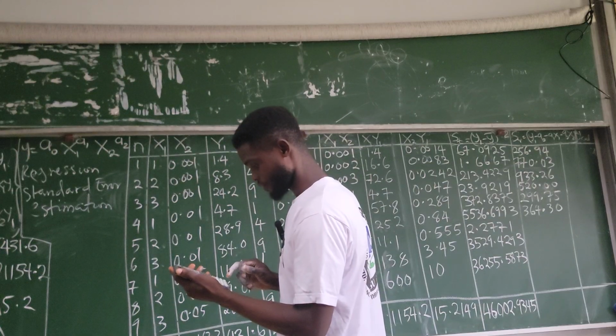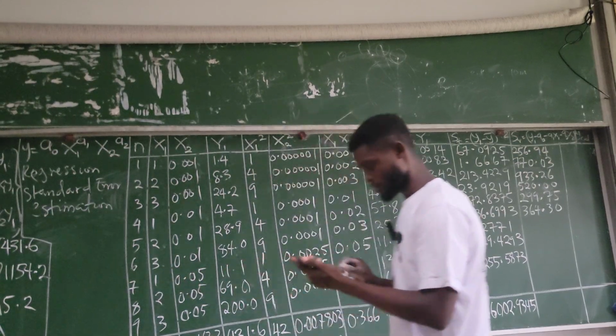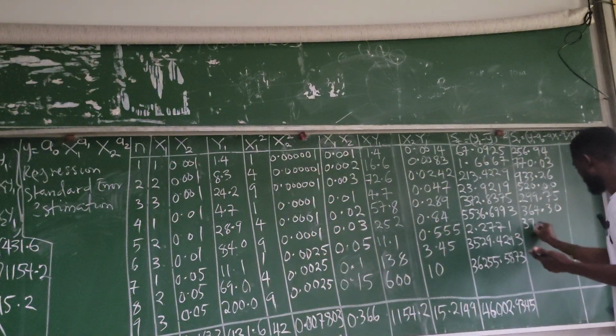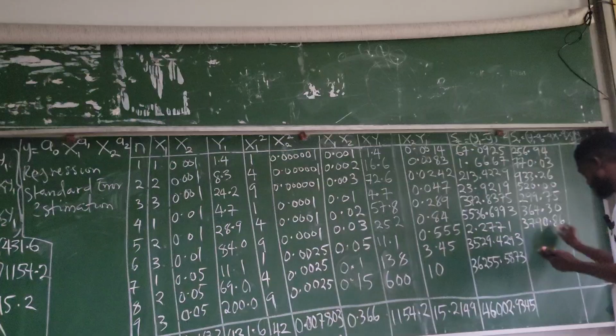0.05 is equal to, you square it. We have 3790.84. Okay, 86.